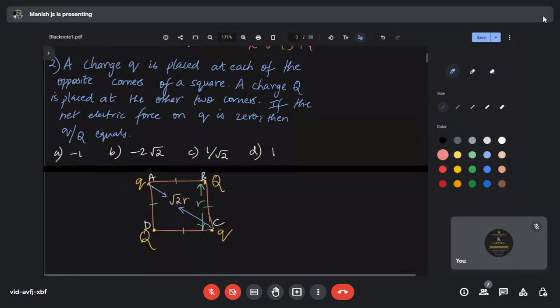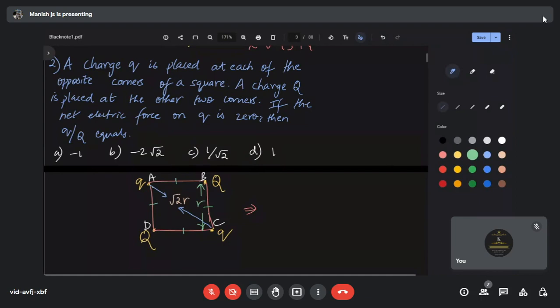Now we apply the formula for the total net force. Because it is a square, the opposite corners form a hypotenuse, so you will get a triangle. Due to these two capital Q charges, I will write first, we are going to find the total electric force due to the system, because the net force on q is 0.